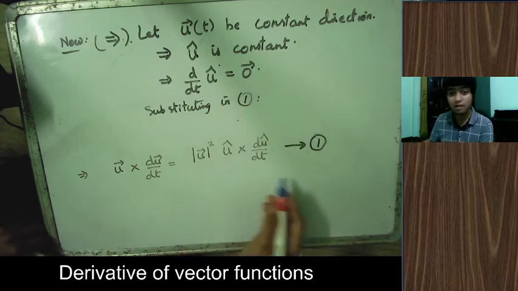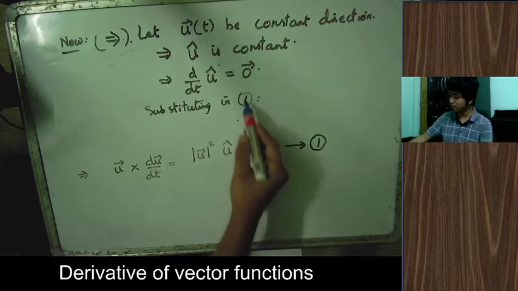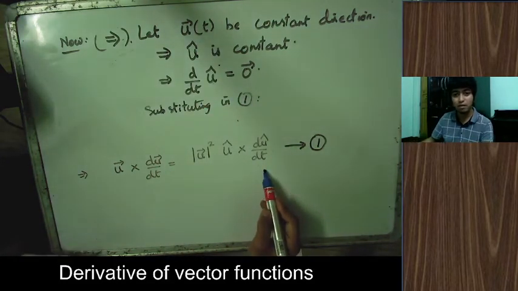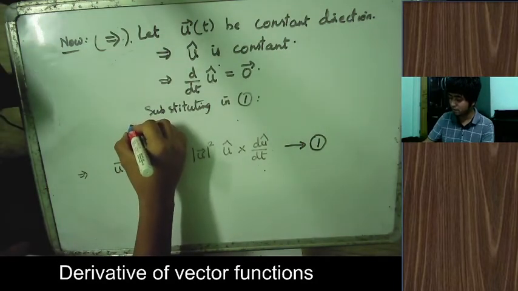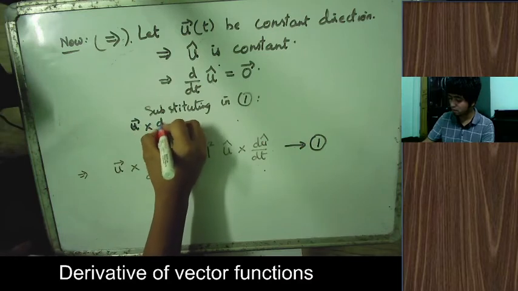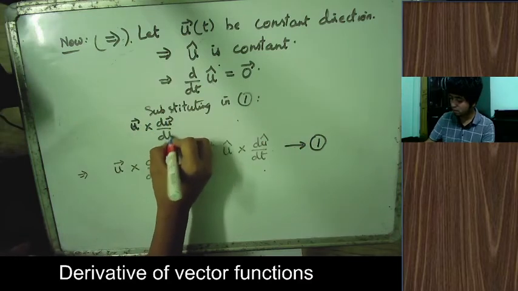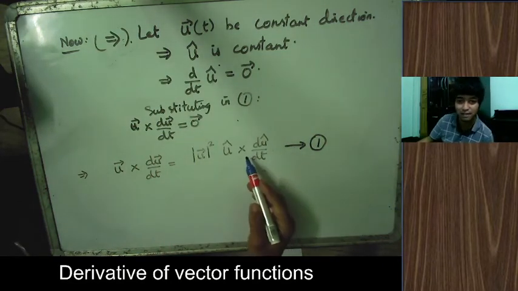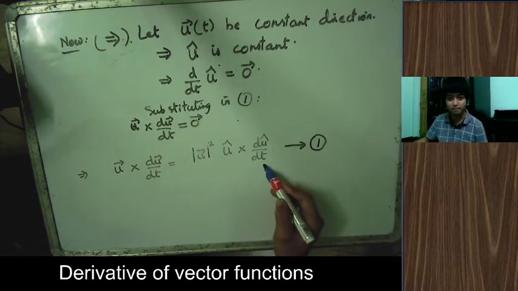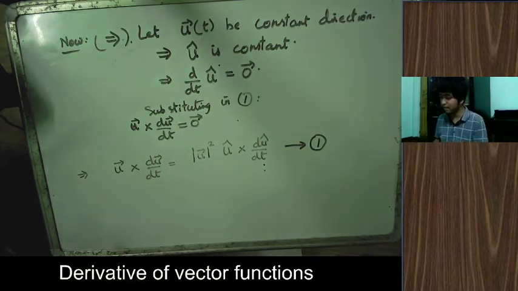Substituting in 1, this term will be 0, so the left hand side will be a 0 vector, because everything is a vector. So we will get this.